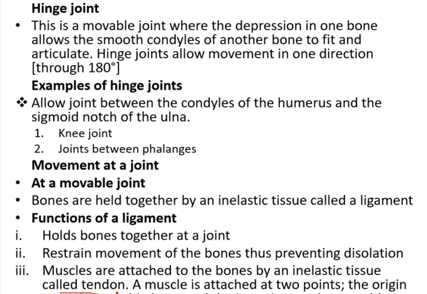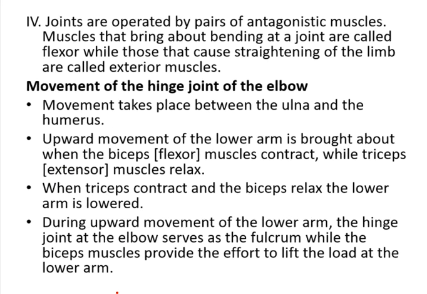A muscle is attached at 2 points. The first one, you have the origin on an immovable bone, for example the pelvic girdle, and the insertion on the movable bone, for example the femur.